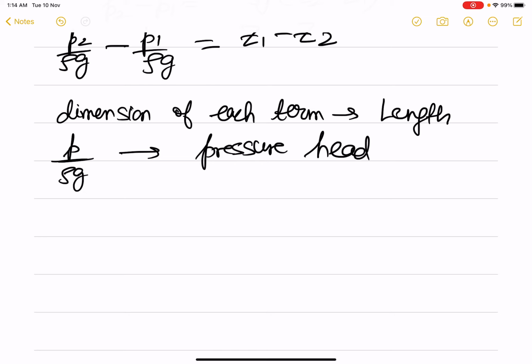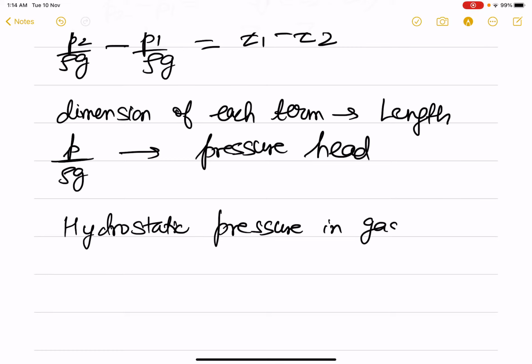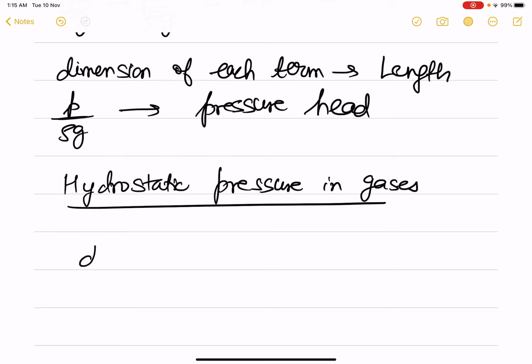Now, if we look at hydrostatic pressure in gases, let's write the equation. We have dP by dz. Let's assume pressure is only changing in the z direction, so dP by dz is equal to minus rho g, and we assume an ideal gas.